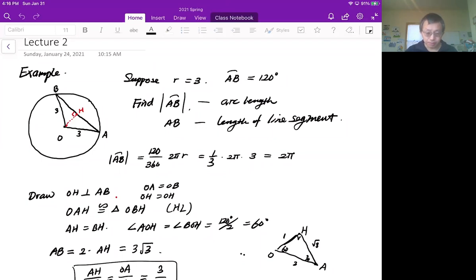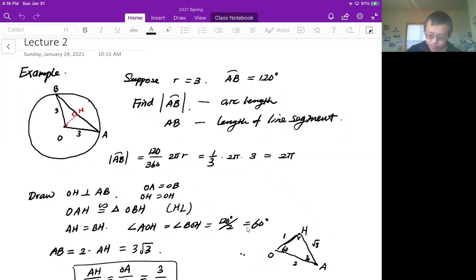Okay, let's start. Let's quickly go over the previous lecture. The first one: r is equal to 3. Suppose the measure of the arc is 120 degrees. That means the angle AOB is 120.